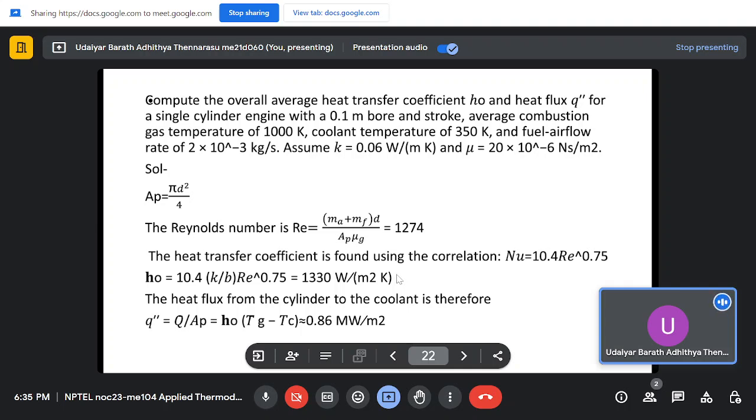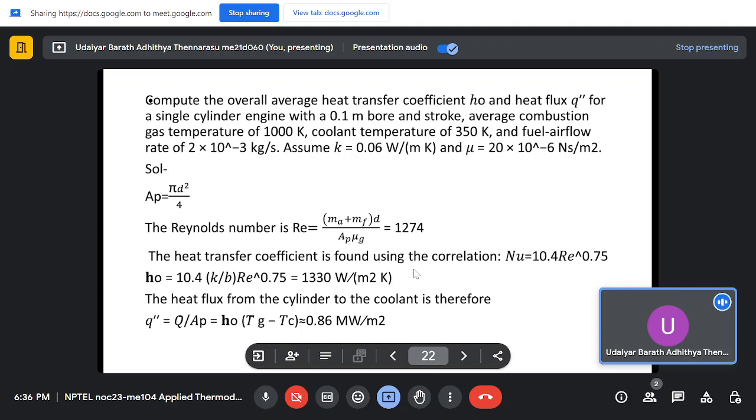Now Nusselt number can be defined as heat transfer coefficient into bore diameter divided by K, the thermal conductivity. So now we can take the bore diameter and the K value to the other side, and we can find the heat transfer coefficient. So heat transfer coefficient will become 10.4 into K by B, or D, this is bore diameter, into Re raised to power 0.75.